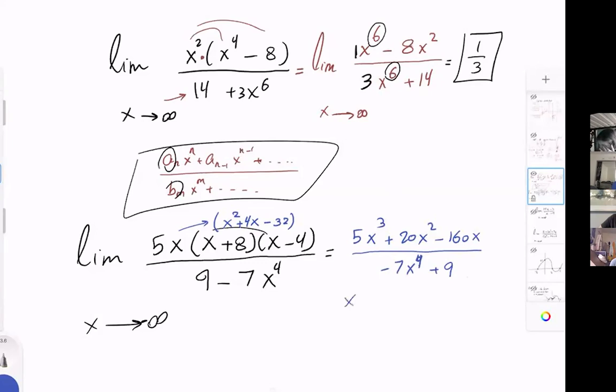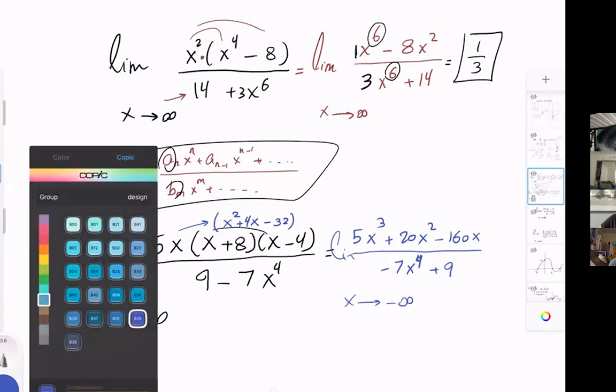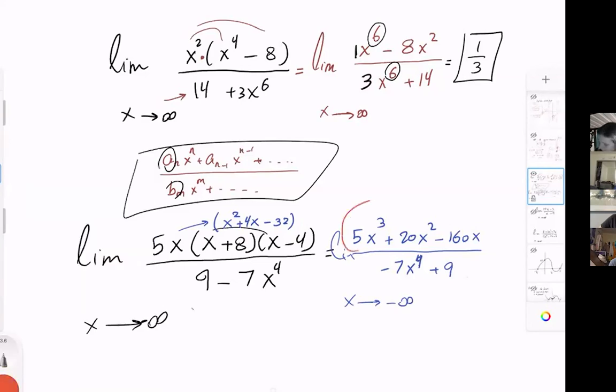X goes to negative infinity. What is the limit of that? So we are dealing with the first coefficient, this over that, correct?